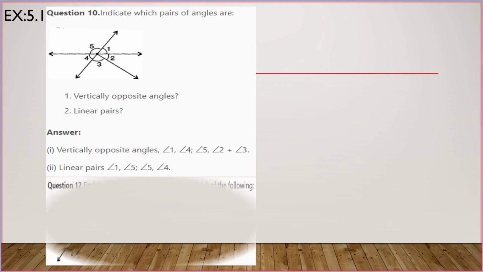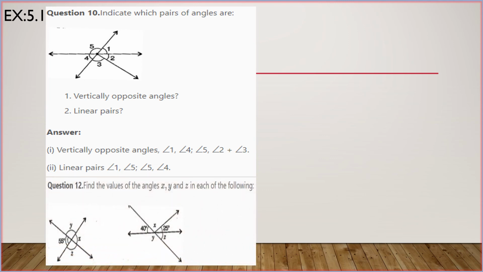Question number 12. Find the values of the angles x, y and z in each of the following. In the first question, two lines are crossing at a point. Therefore, two pairs of vertically opposite angles are forming, and we can find out linear pairs also in that figure.